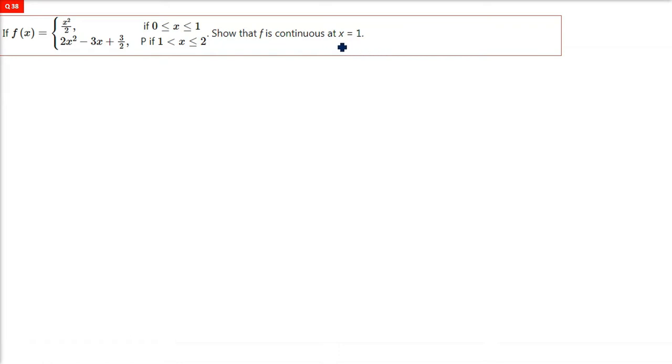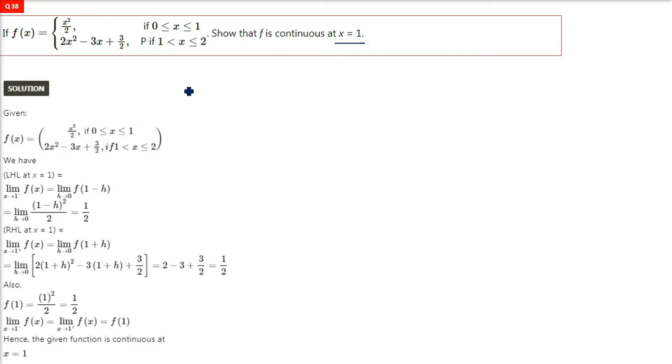Okay, we have to check because we have to show here. It is not given already. We have to show that this function f is continuous at x equals 1. So at x equals 1, when we move a bit backward, we are going to use x square by 2. Just behind 1, a step back from 1.